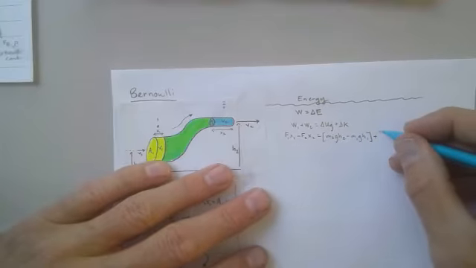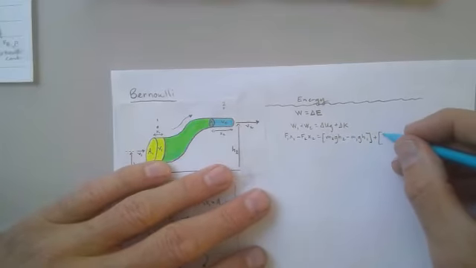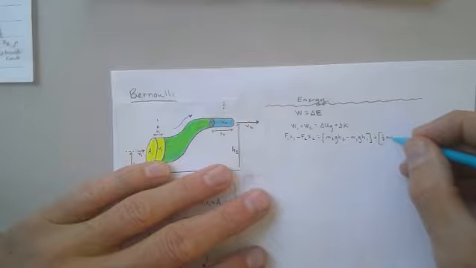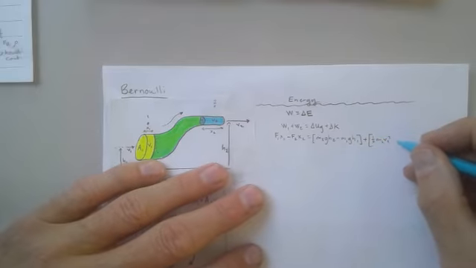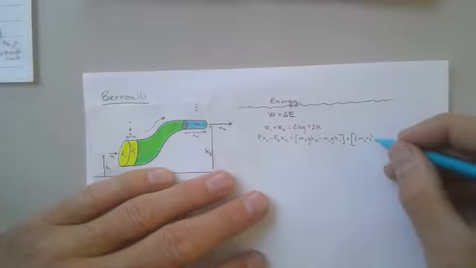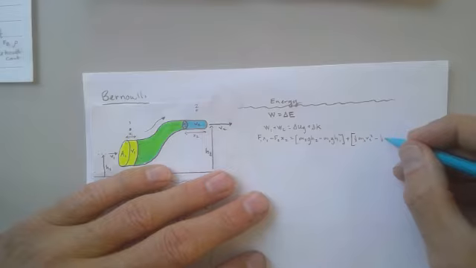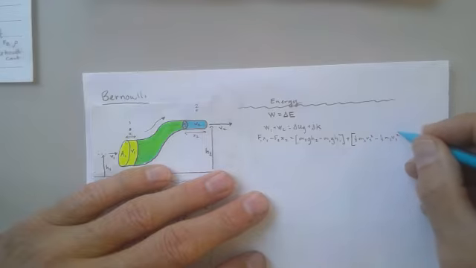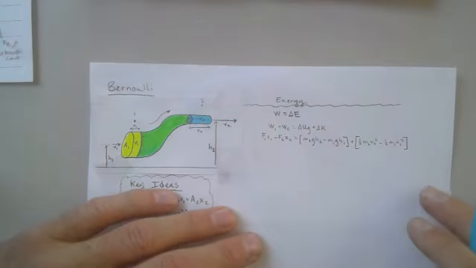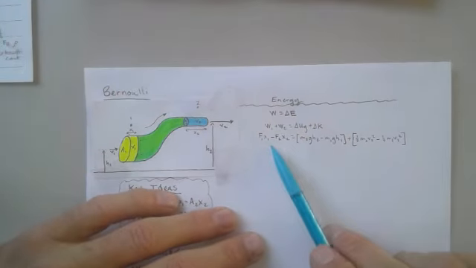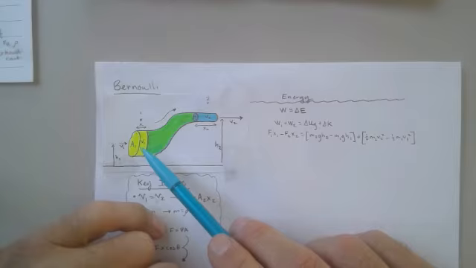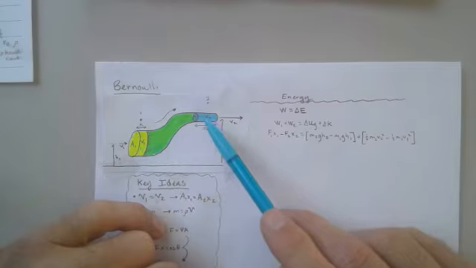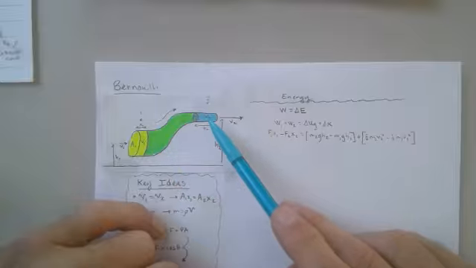And we can go over here and talk about the change in kinetic energy. That's going to be 1/2 m2 v2 squared, that's speed, minus 1/2 m1 v1 squared. Okay, so from our continuity equation, we know that this is going to be going faster because the cross-sectional area necks down.